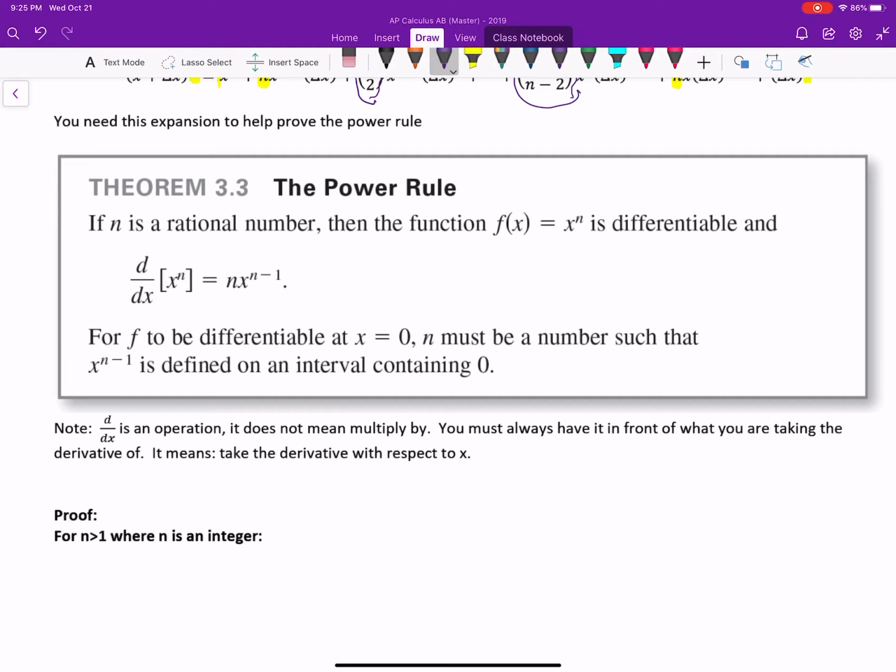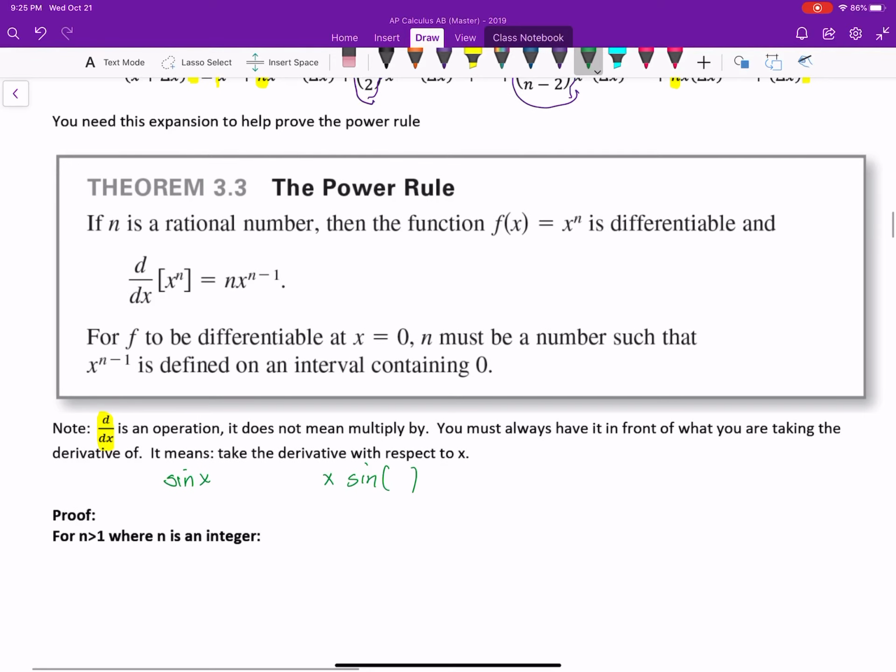Something else I put here, but I'm going to mention again later on, is that d dx is an operation, just like sine of x is an operation. Sine of x is not the same as x sine. That makes no sense. You have to take sine of something. Well, the same goes for d dx.